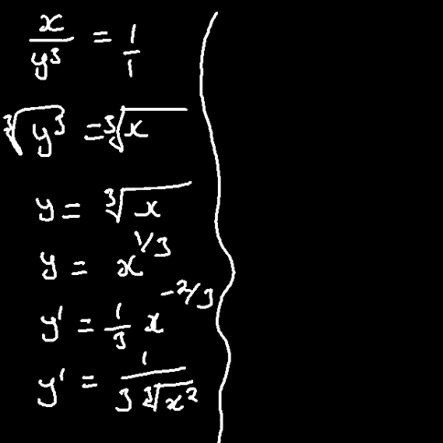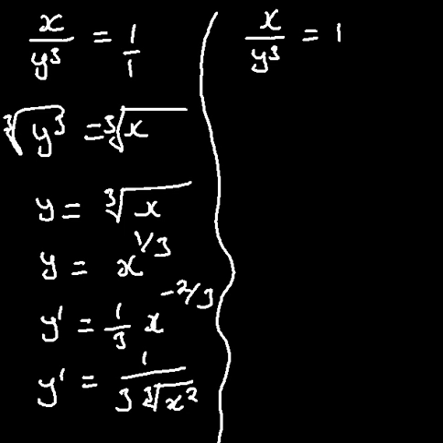So in this case we have x over y to the power 3 which is equal to 1. So we'll differentiate this part using what we call the quotient rule. So this is given as u and this is given as v.